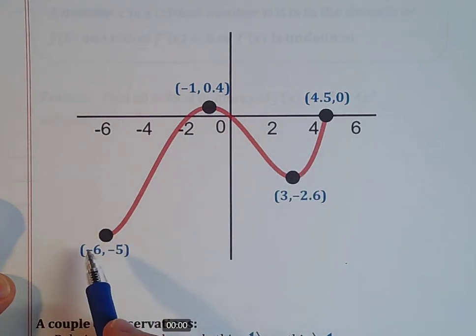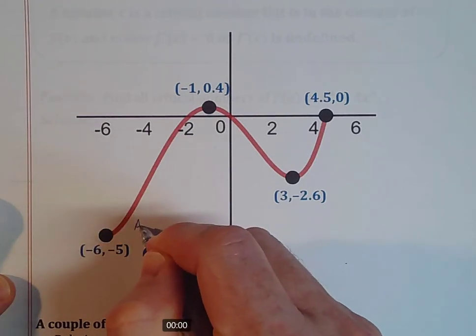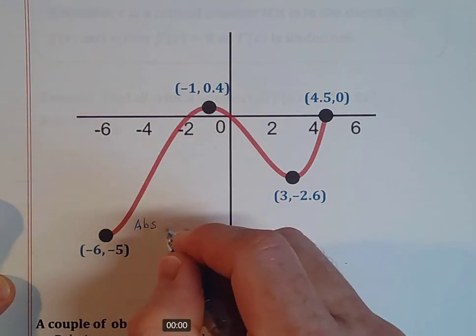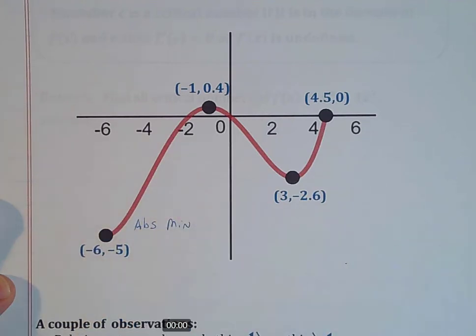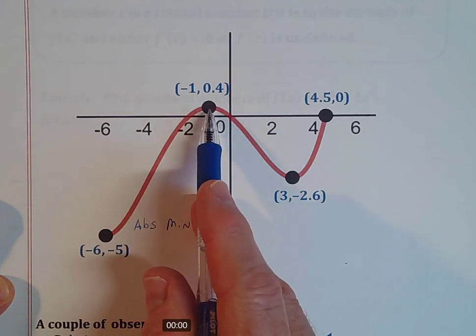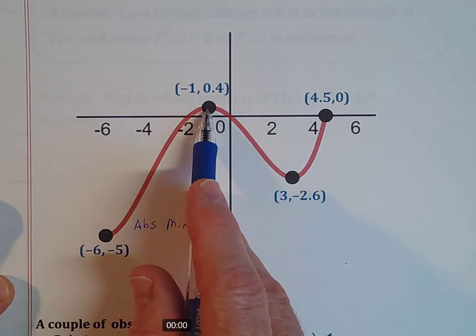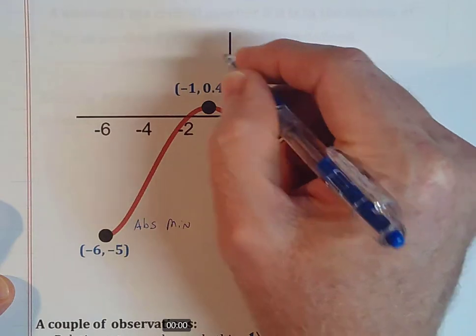This is the lowest absolute point of all those points, and so we would call this an absolute minimum, or a global minimum. And it looks like this point right here is the absolute highest point of all the other ones. And so this would be an absolute maximum or a global maximum.